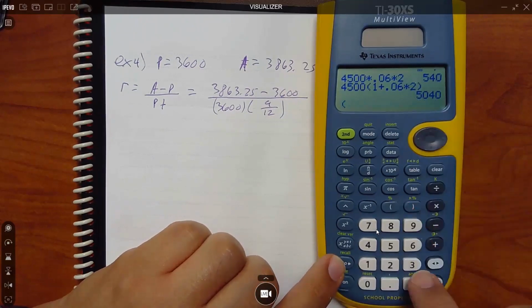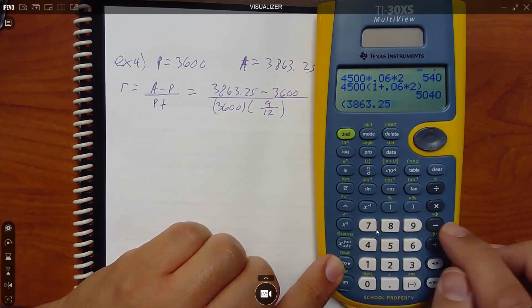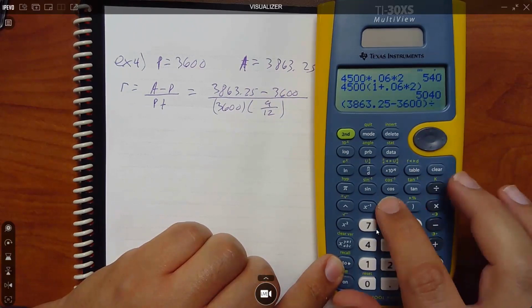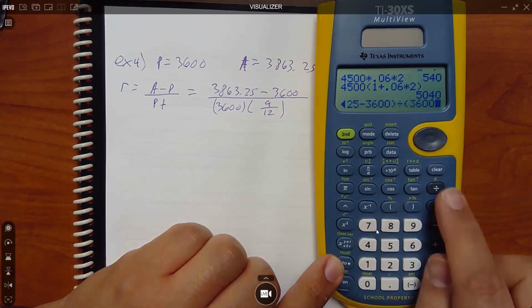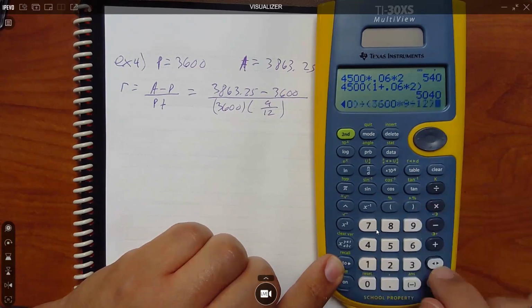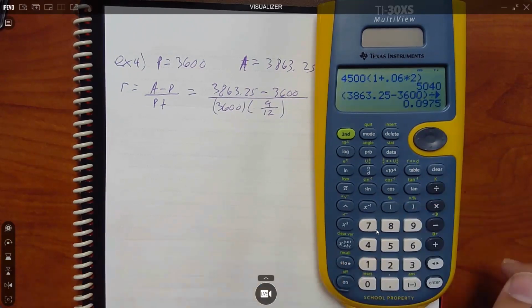So top part 3863.25 minus 3,600 divided by everything on the bottom, 3,600 times 9/12. So the interest rate is 0.0975.